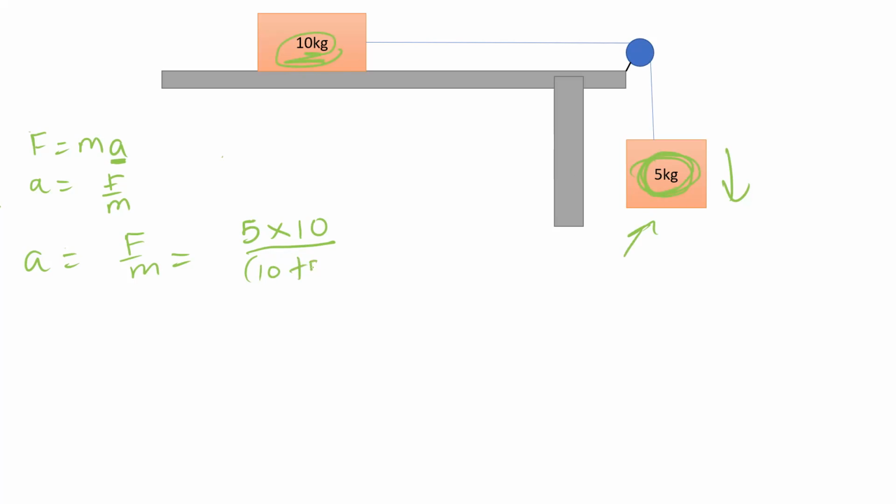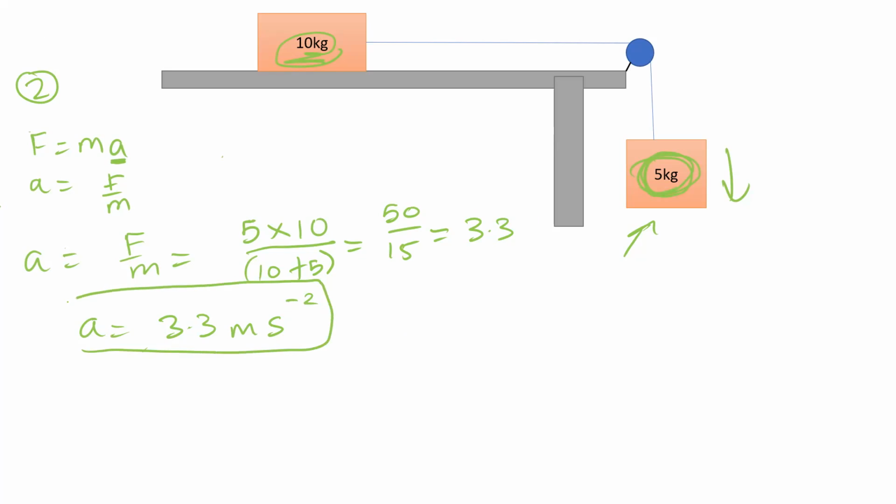So it will be 50 over 15. Once you plug this into your calculator, you will get 3.3. So this is the answer for our second question: acceleration equals 3.3, and the units will be meters per second squared.